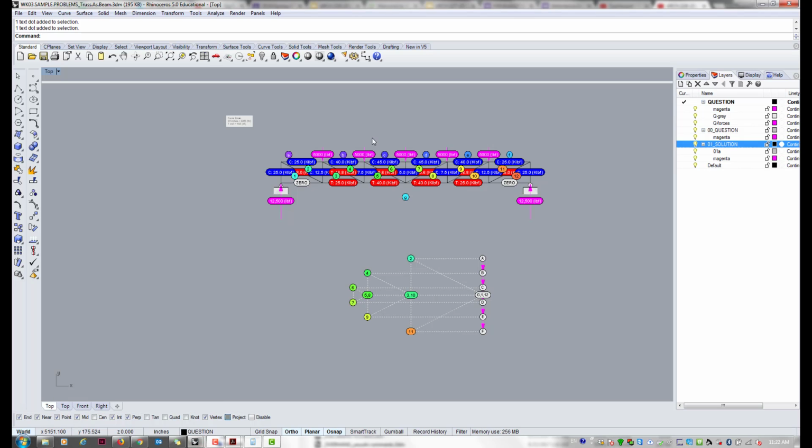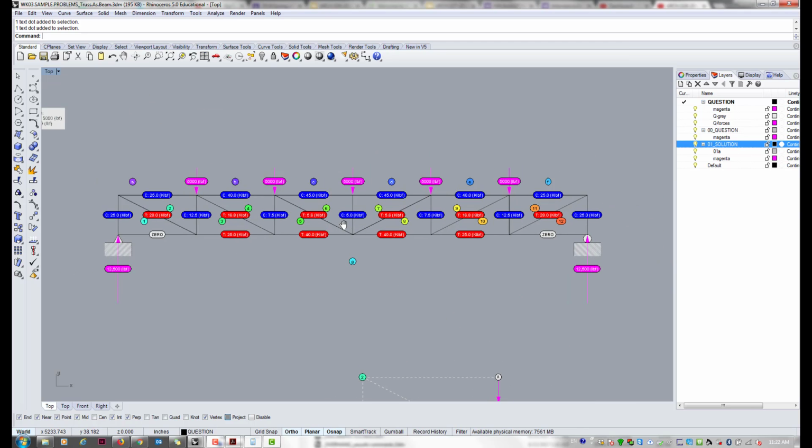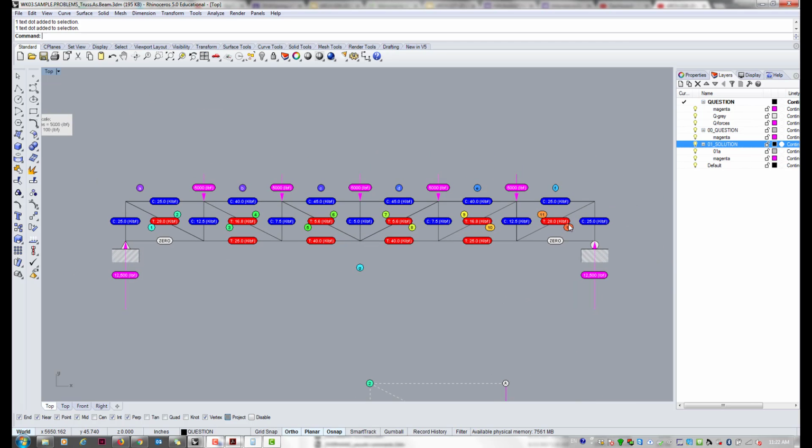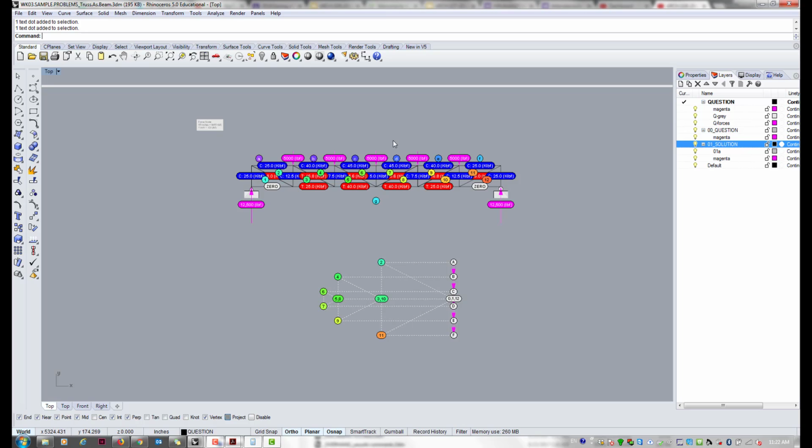So that actually nicely corresponds to the distribution of compression and tension in the top and bottom chord of the truss. So as a whole, it's basically working as if it's a beam, but it's a truss, right? So that makes sense? Okay.